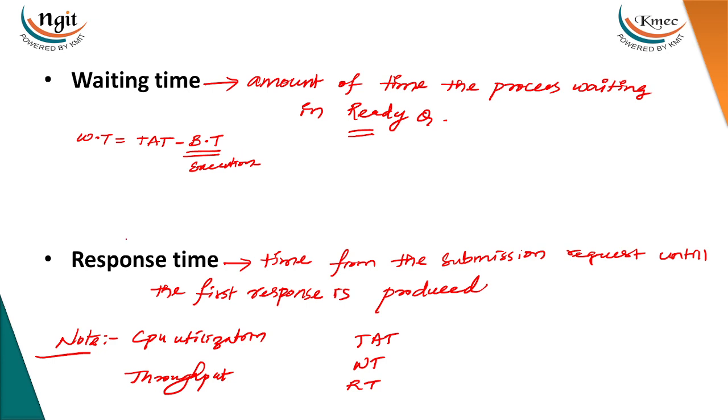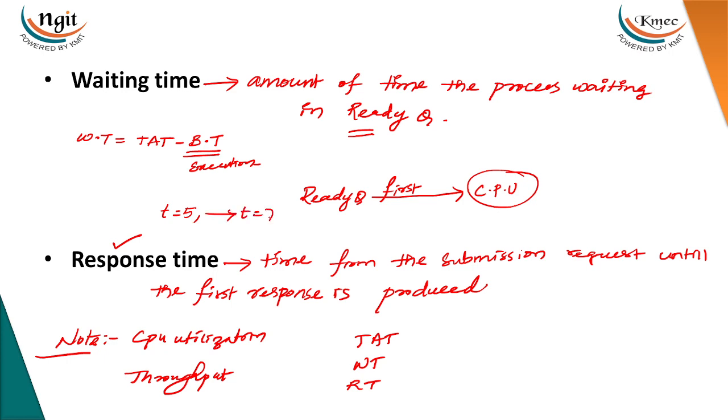Then there is response time. It is the time from when the process comes to the ready queue, that is, comes to the system, to the first time the process is scheduled to the CPU. We are not considering when the process terminates. For example, the process came at time t equal to 5 and is scheduled at time t equal to 7.